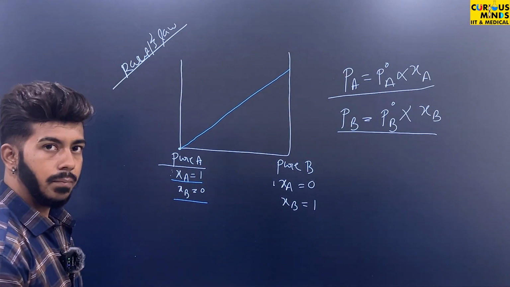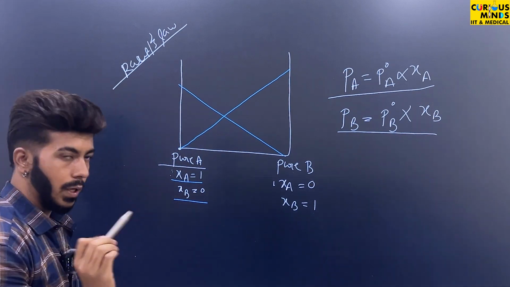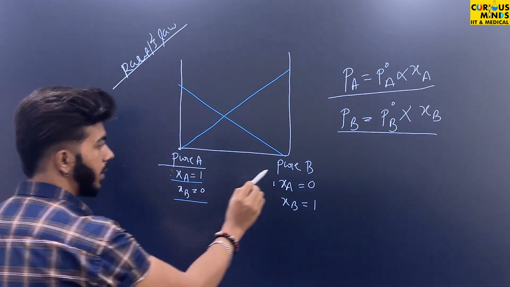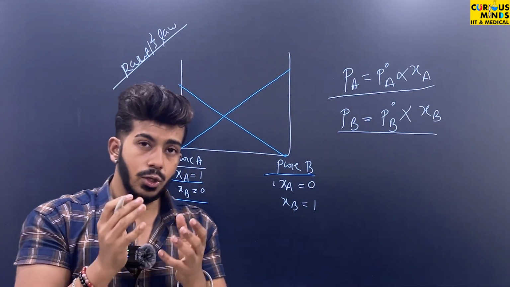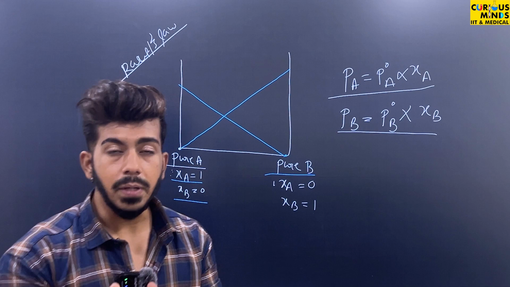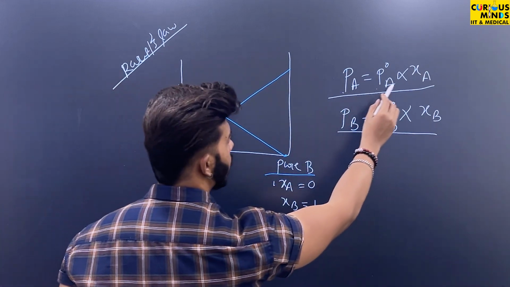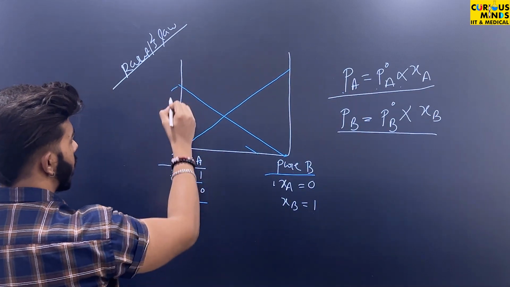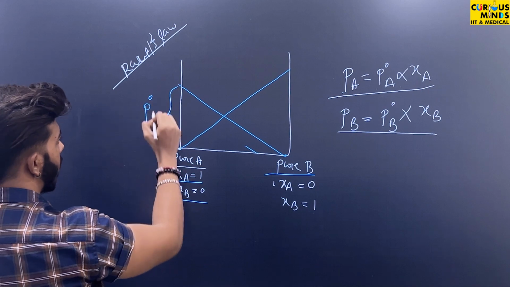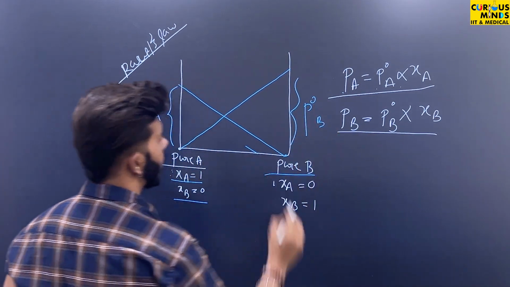Now if we look at its graph, the graph will come like this, and if we look at the other one, it will come like this. See, pure A here, and at the right end there is pure B, that means the mole fraction of A is 0 here and the mole fraction of B is 1 here. Now we know that PA equals P not A into XA. So this portion will be P not A, and this portion will be P not B, okay?